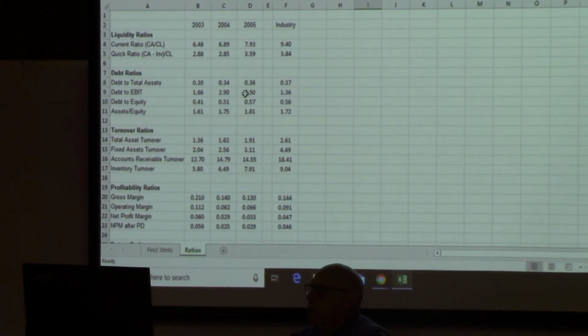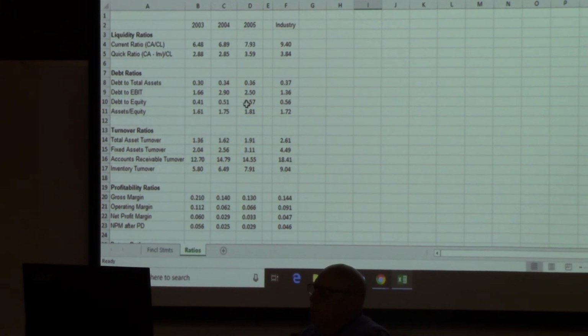All right, let's look at the leverage, and leverage picked up. In every category, leverage picked up. And the company is more highly leveraged, particularly debt to EBIT, than the industry.